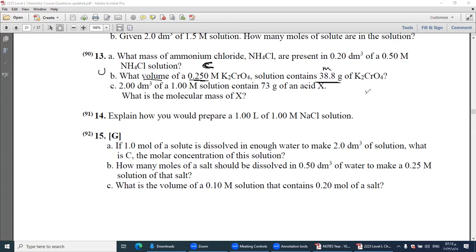Once I see mass, the number of moles equals mass over molar mass.